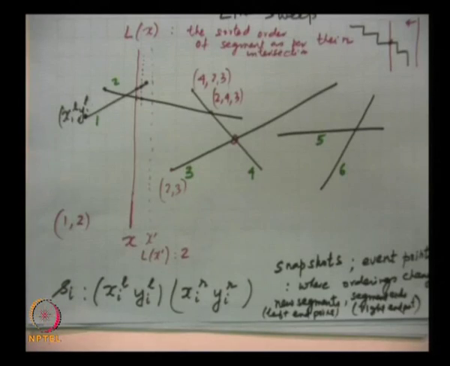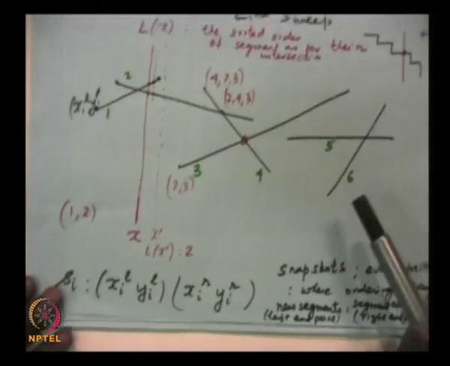So, the combinatorial information is what is important to us, it is not the exact point of the intersection. Therefore, events are only meaningful to us where there is a change in this combinatorial information, not the actual value of the intersection points. This must be understood.